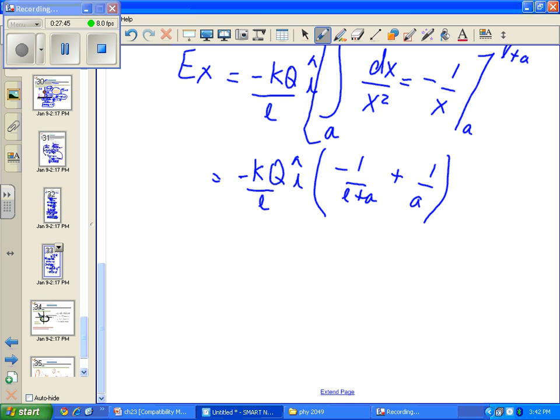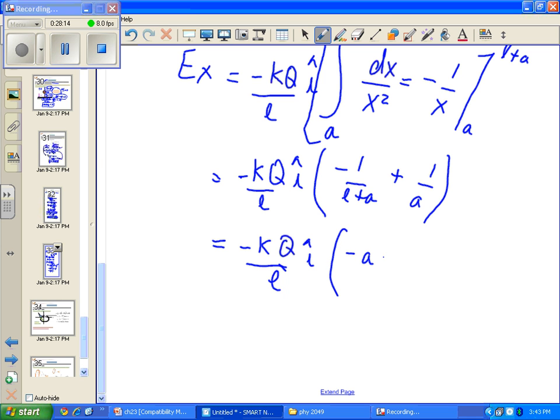If I want to make this look better, aesthetically speaking, then I can take a, multiply here to get minus a, L plus a multiply here over the denominator, which would be a times L plus a. Let's work it out so that no little errors creep up.